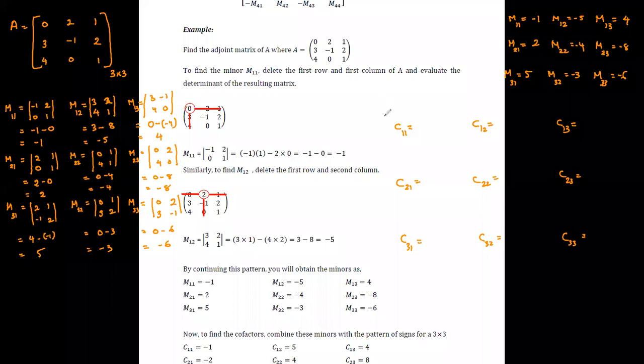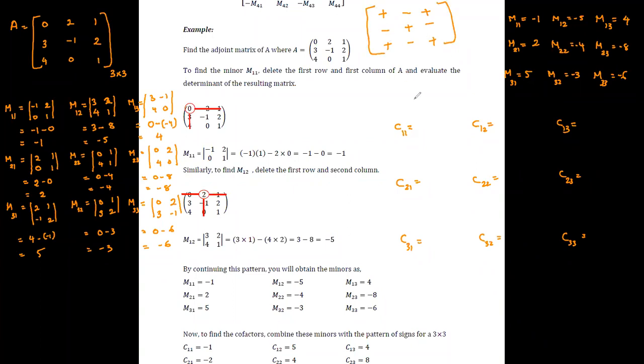Now what we have to do is combine the sign pattern with the minors that we have obtained. The sign pattern for a 3 by 3 matrix is given as plus minus plus. We have this format. Therefore, first I will write down the notation. Here we have plus, minus, plus, minus, plus, minus, plus, minus, and plus. Then we have to write down the minors that we have obtained.